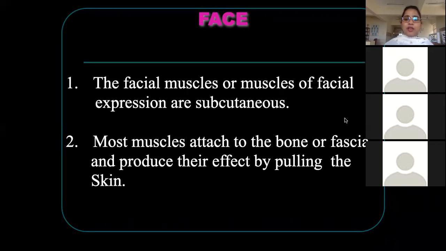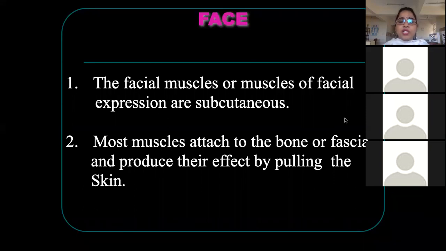Facial muscles refers to the muscles of the face. Superficial fascia, deep fascia: fascia is a connective tissue covering, right?